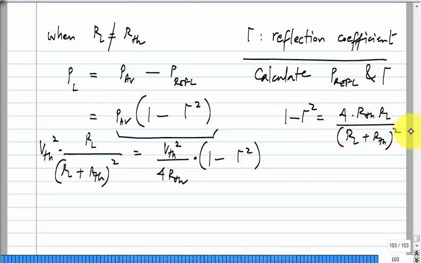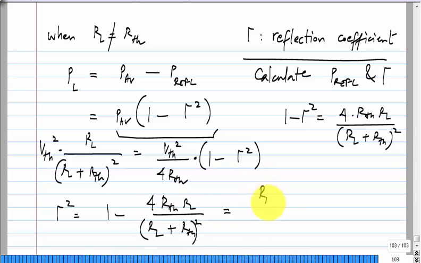Okay. And if you simplify this, I think you will see that it is RL minus RTH square by RL plus RTH square, right?